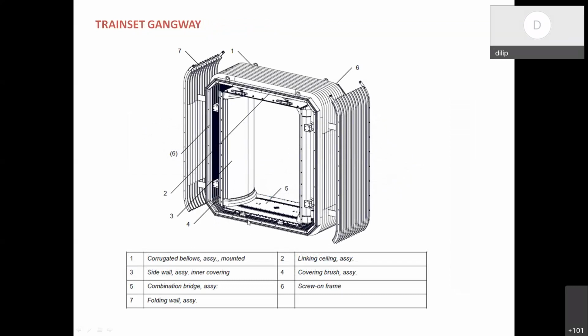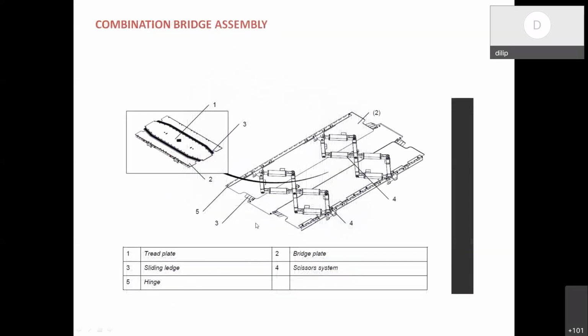So there will be no step, and people can just walk across. But it is not a simple plate, because this plate should have flexibility. When the train is moving in an S-curve or a curve, one side of the coach sidewall will be near and the other sidewall will be far. So we have to take care of this adjustment.